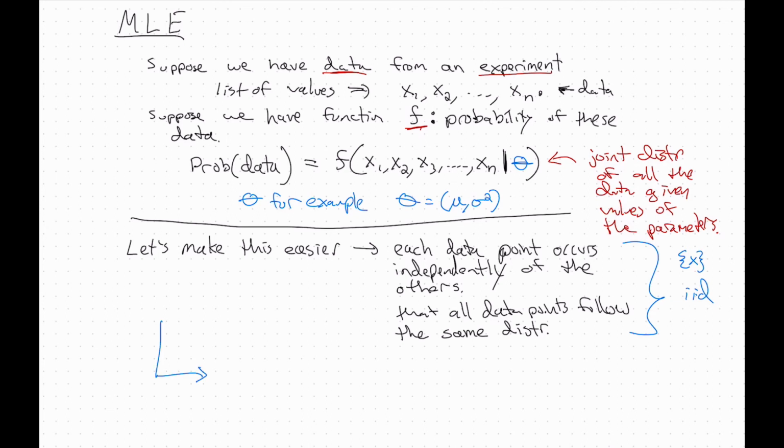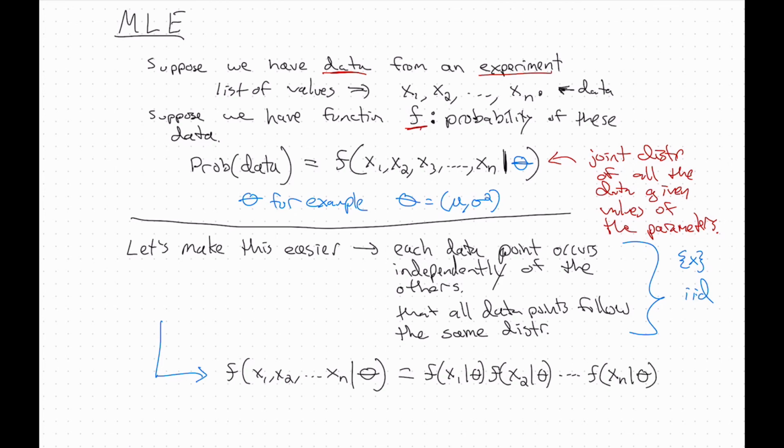This lets us simplify our joint distribution. So instead of having all of the complicated dependencies between these data points, given the theta, instead we just have each individual data point in its own distribution. And because they're independent, the joint is then just going to be the product of all of these individual distributions.